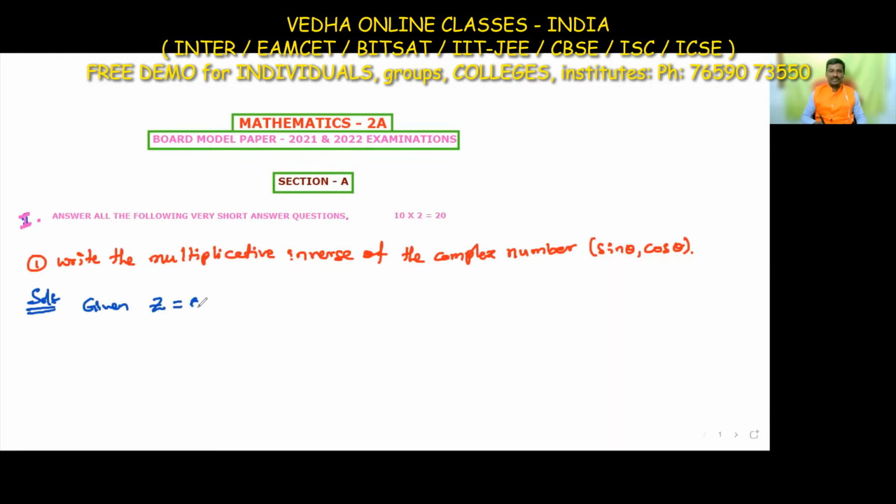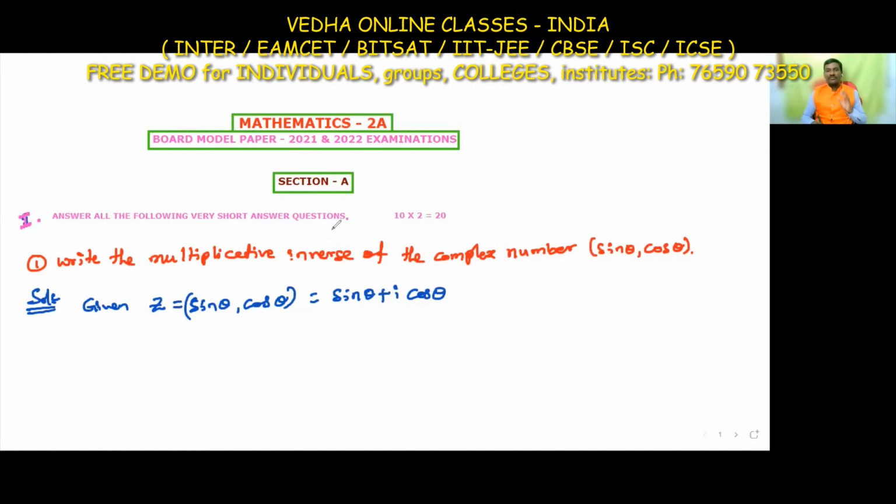I am writing this as sin theta plus i cos theta, where the first is the real part and the second is the imaginary part. Either we can write it like this or like this.